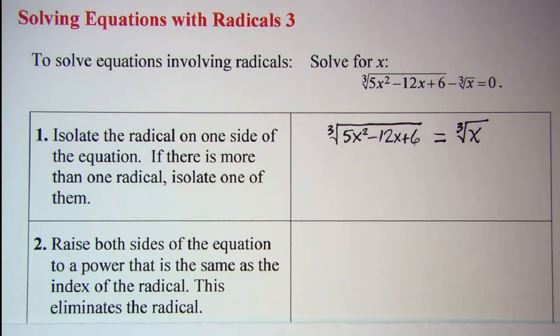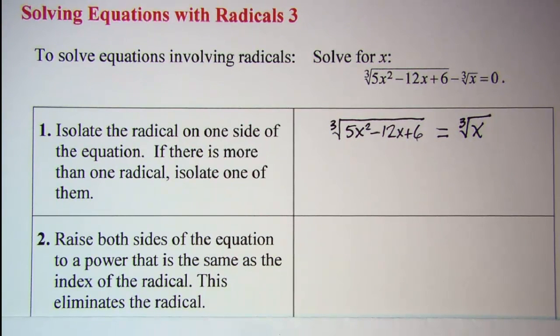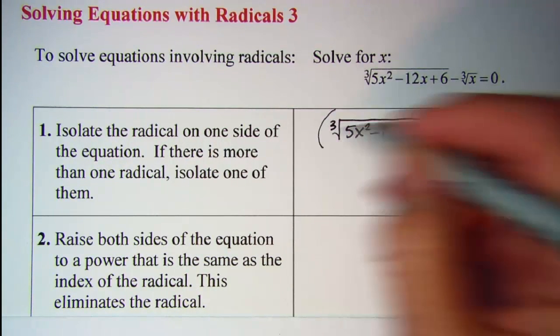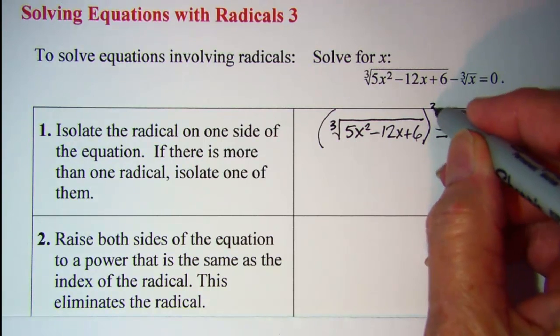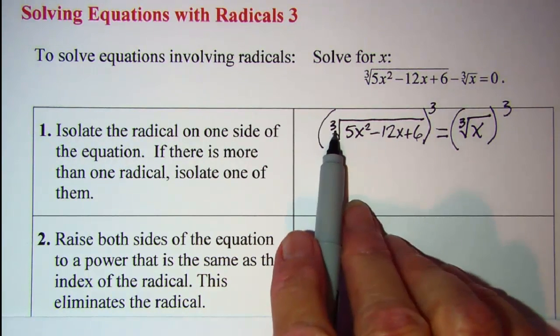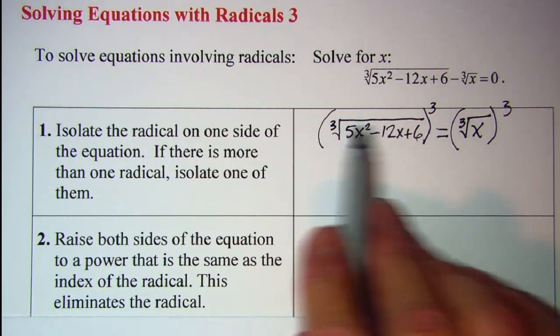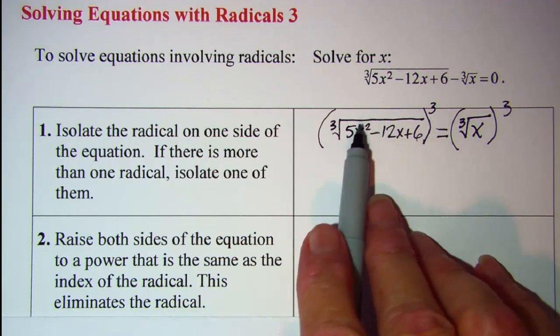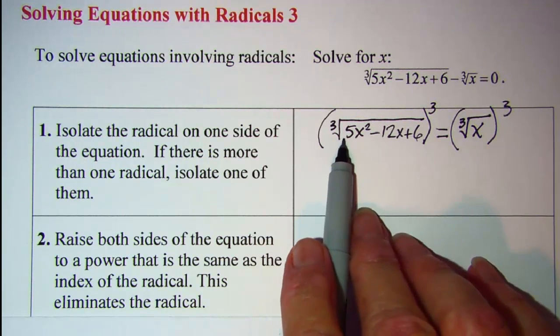My next step is to raise both sides of the equation to a power that is the same as the index on the radical. This will eliminate the radical. So I'll raise both sides to the third power because my index is 3. And so when I cube a cube root, that goes away.